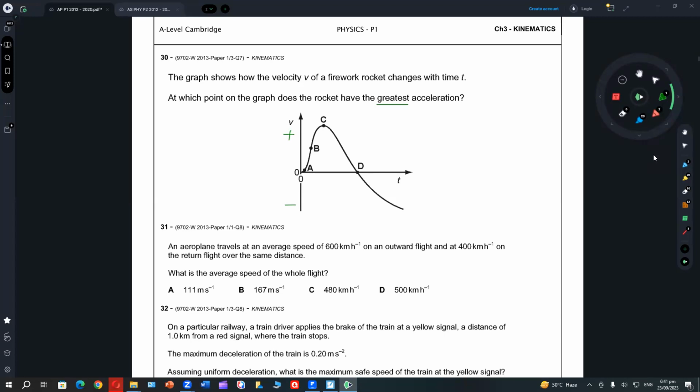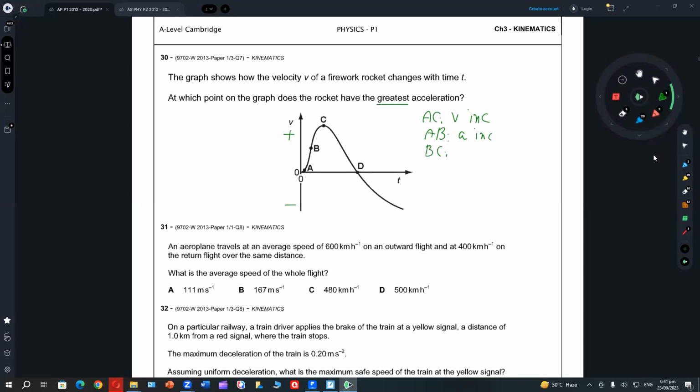Again, can you tell me what is happening from A to C? Velocity increases. A to B, acceleration increases.